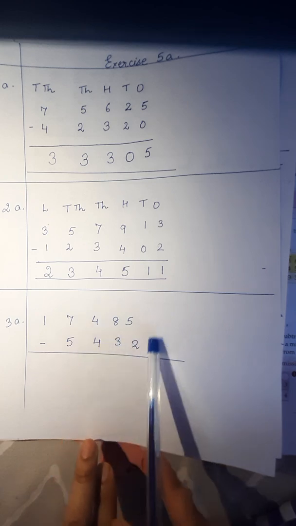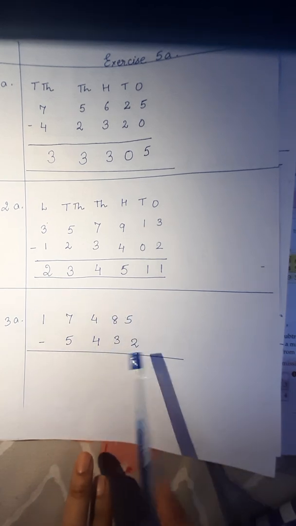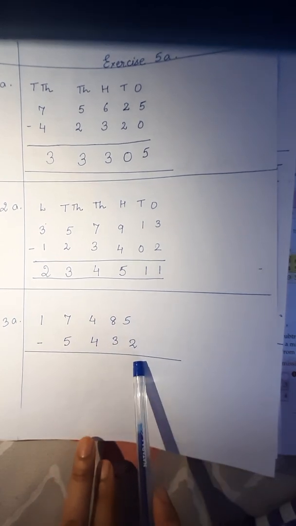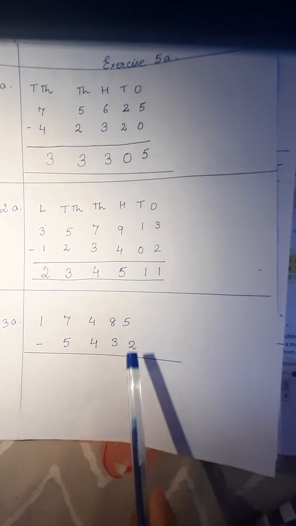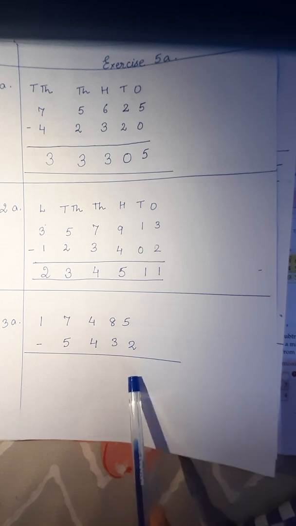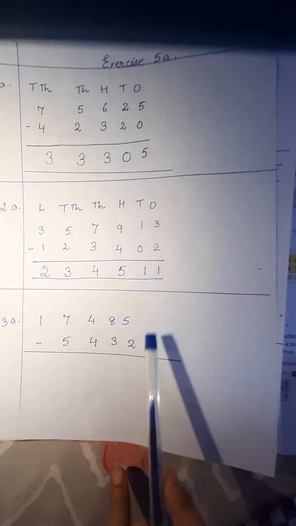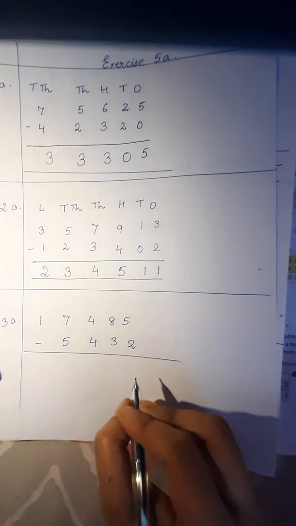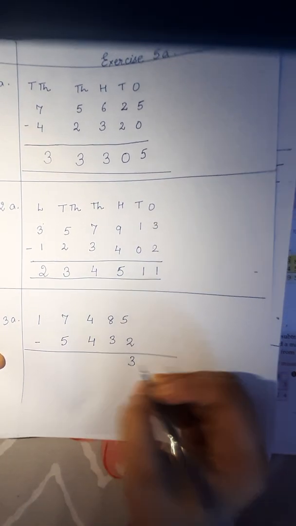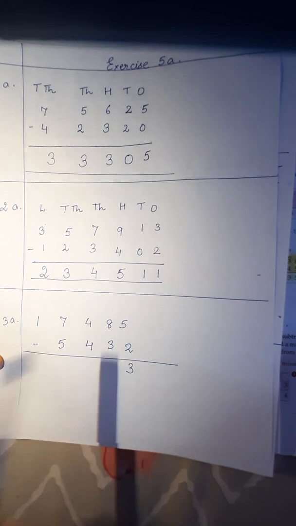So here also the numbers are arranged in column form. So you have to begin subtracting from the digits which are placed at ones place. As you can see, at ones place we have 5 and 2. When 2 is subtracted from 5, it will give you 3. After that, move to tens place.